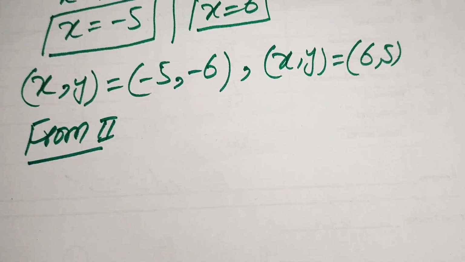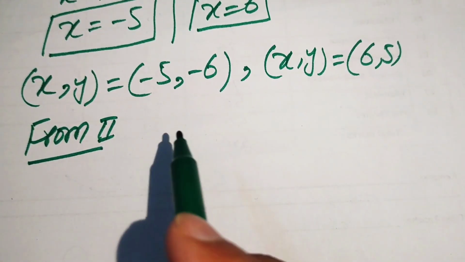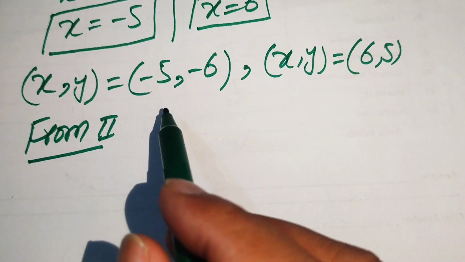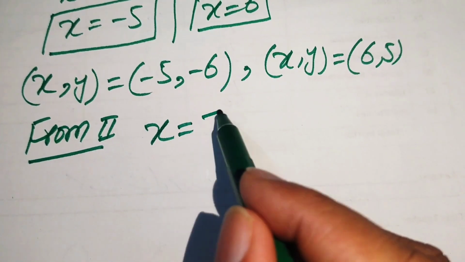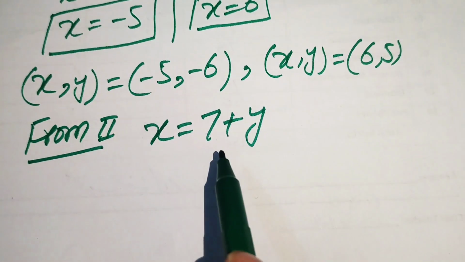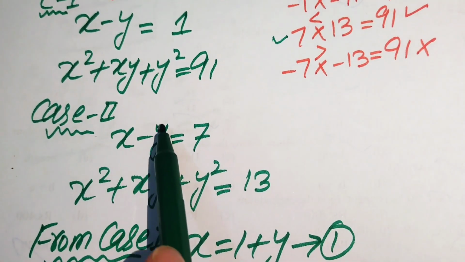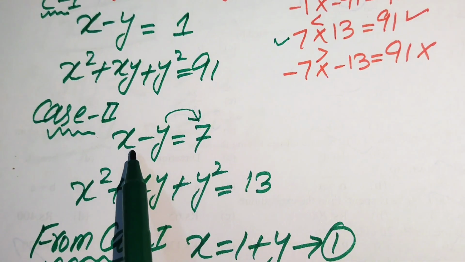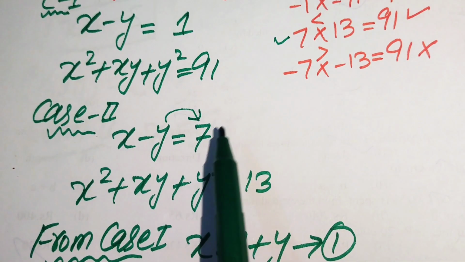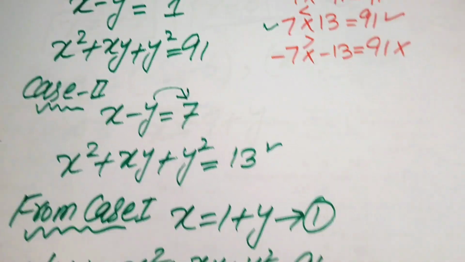From the second case we first write x equals to 7 plus y. So you see this is our second case, and now we move this minus y to the right hand side, so you get x equals to 7 plus y.